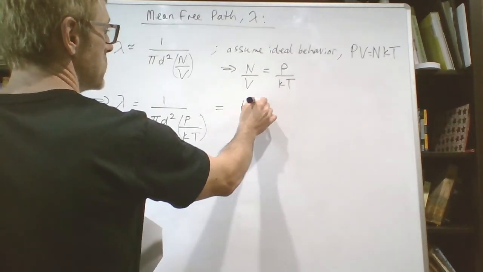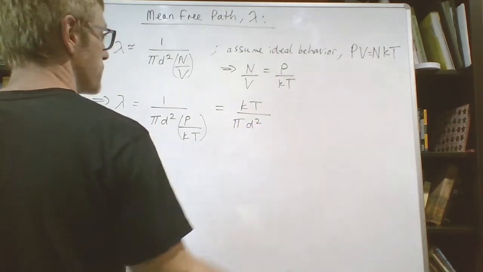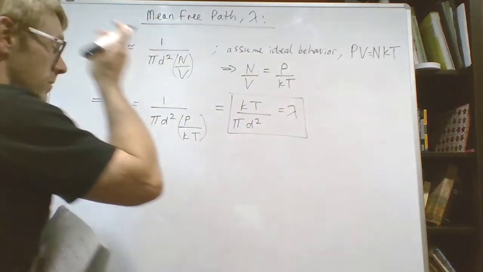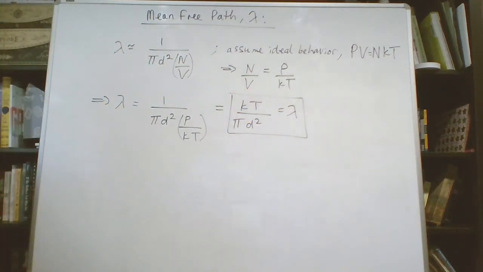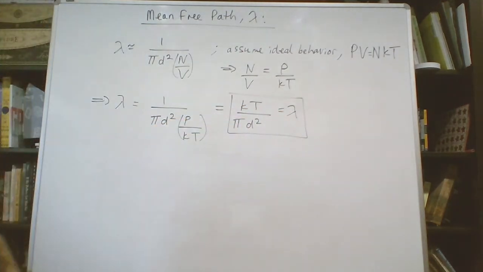So that's going to be kT over pi d squared P. So we've got our mean free path. Crucially, we can see the mean free path is proportional to energy. So that's a nice observation. And we could extend this to look at some of Einstein's arguments about mean free path, but that would probably be more appropriate in another video.